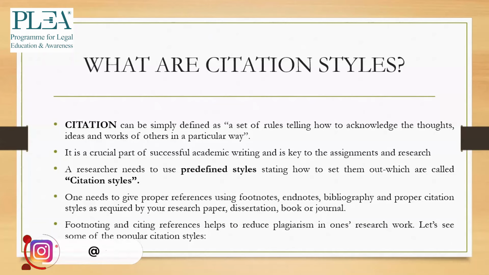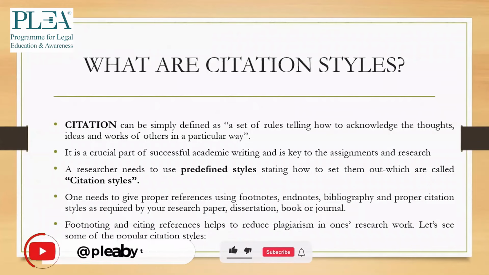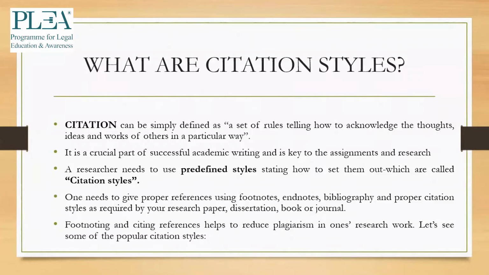That helps you cut down on your words, because in some journals there are strict guidelines that you have to limit your research to 4,000 words or 10,000 words and not more than that. They might give you a particular word limit. So you also need to keep track of your word count. How many words have you used?